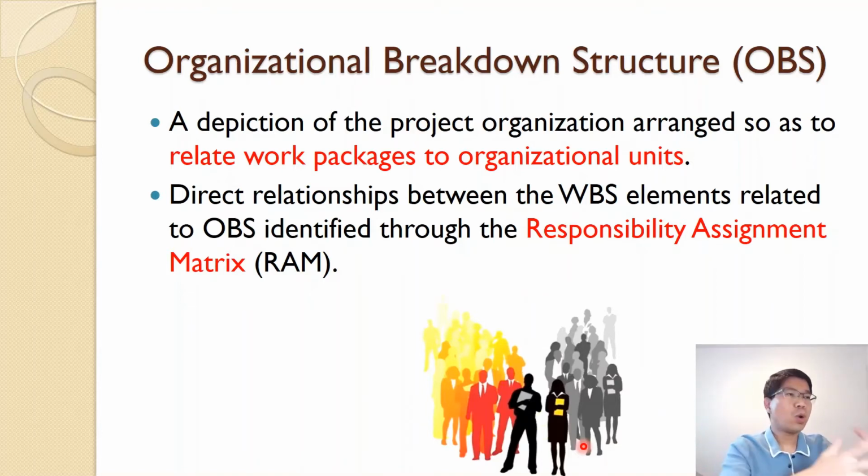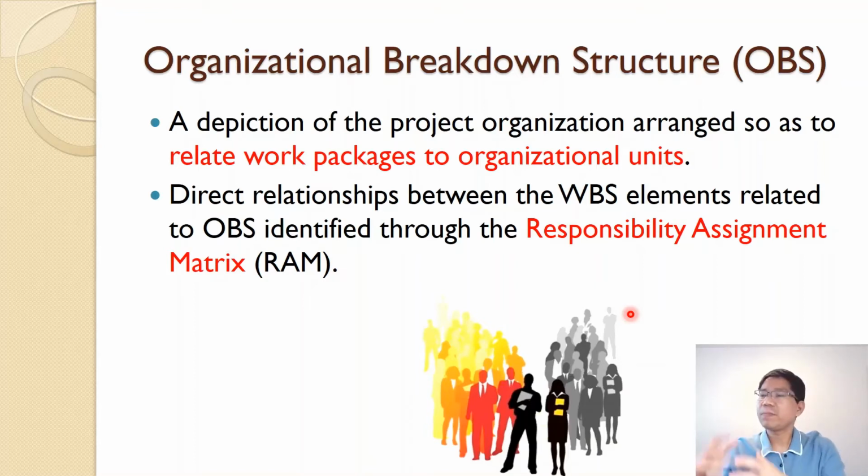The second is who is going to do it. That is the organizational breakdown structure, OBS. It is a depiction of the project organization, so as to relate the work packages to the organizational unit. And the direct relationship between the work breakdown structure and the OBS is identified through the responsibility assignment matrix.